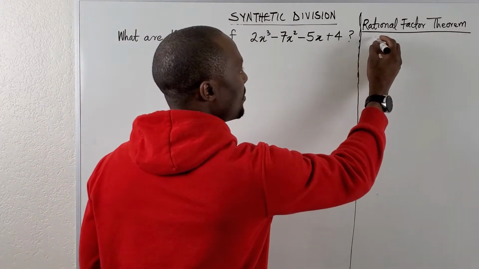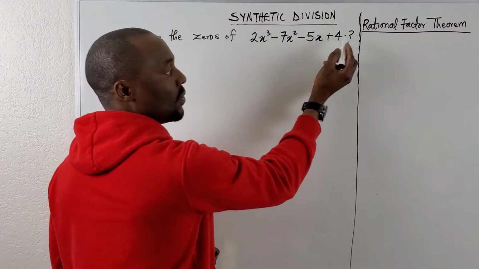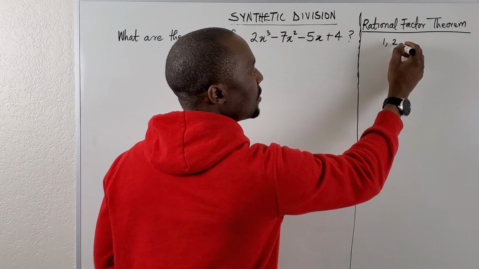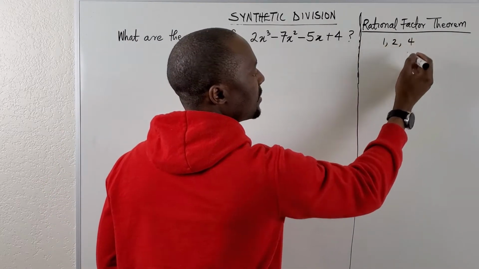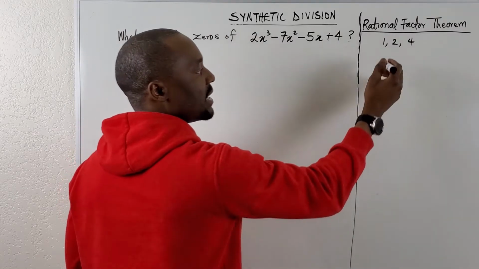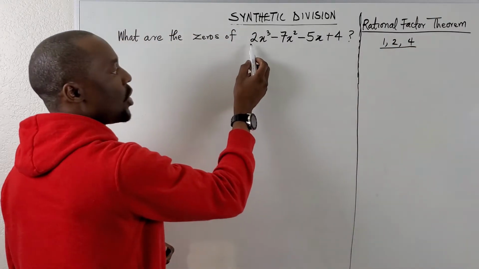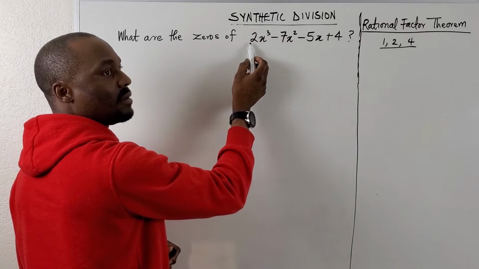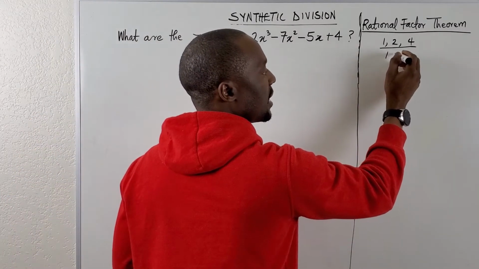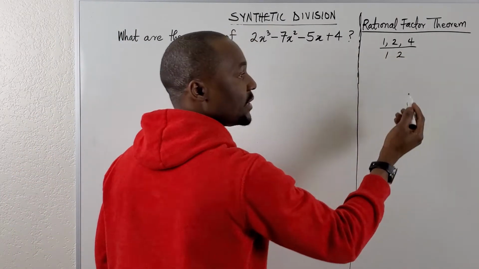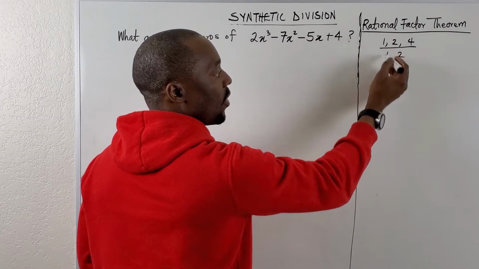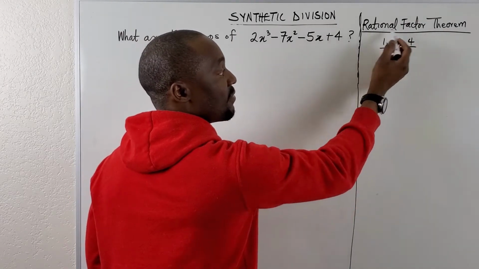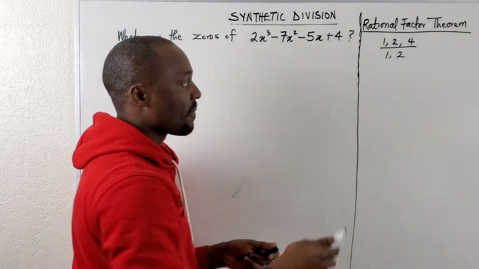So there will be all the numbers that will divide 4, which will be 1, 2, 4. Those are the only 3 options I have, divided by the options of numbers that will divide 2, which will be just 1 and 2. So what I do is, all the fractions I can get, that's the meaning of rational. It has to be a fraction.